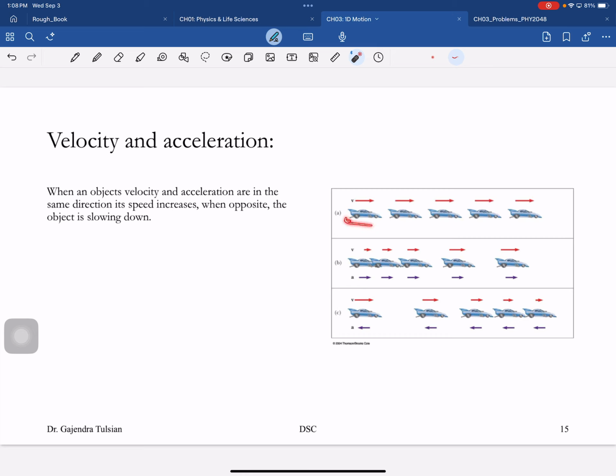Anyway, here's a physical example. Here's a couple of things I want you to notice about this. Here's a car driving, and these are the velocity vectors. What is happening to the velocity vector? It's constant, so the acceleration is 0 for this one.